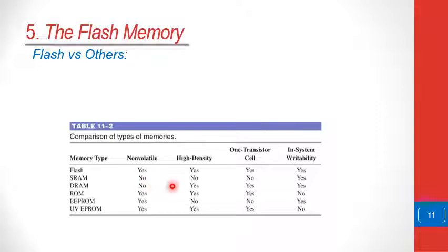We can also see that flash memory is high density, much like the ROM and the dynamic RAM version, and it uses a single transistor per memory cell, like the dynamic RAM, but not like the static RAM. And then with flash drive, remember you can both read and write, so in-system writability is yes, like all of the RAMs, but not like the ROMs, except for EEROM, which has a special characteristic in this case.